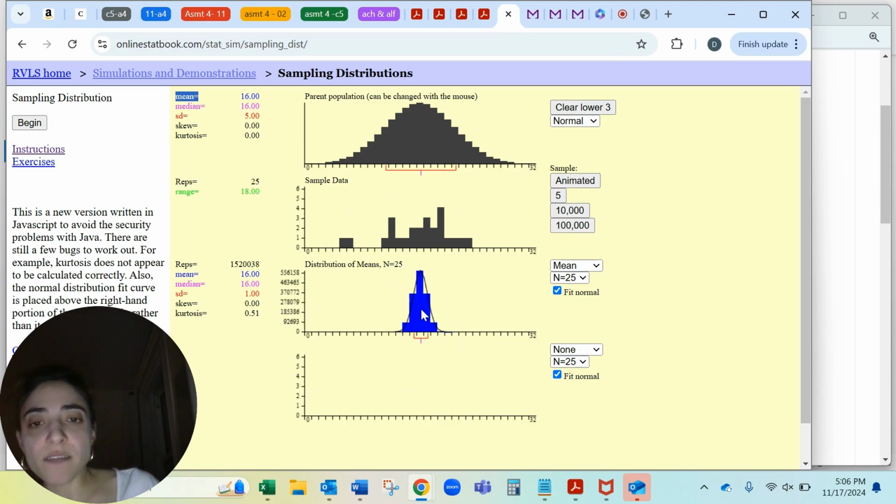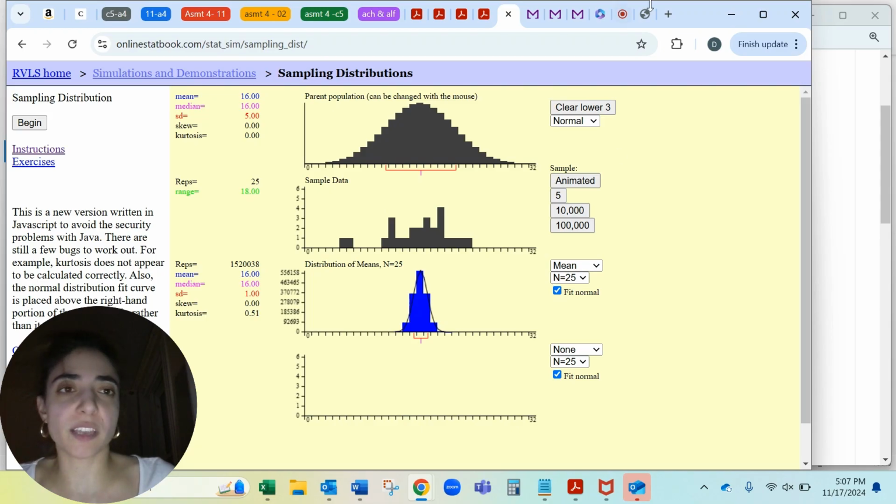And the standard deviation of these means will equal the population standard deviation, sigma, divided by the square root of the size of the samples you're taking.